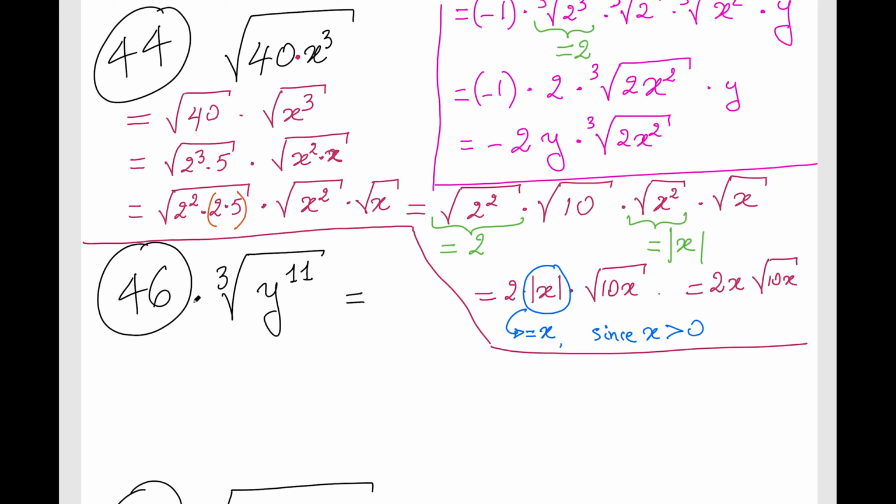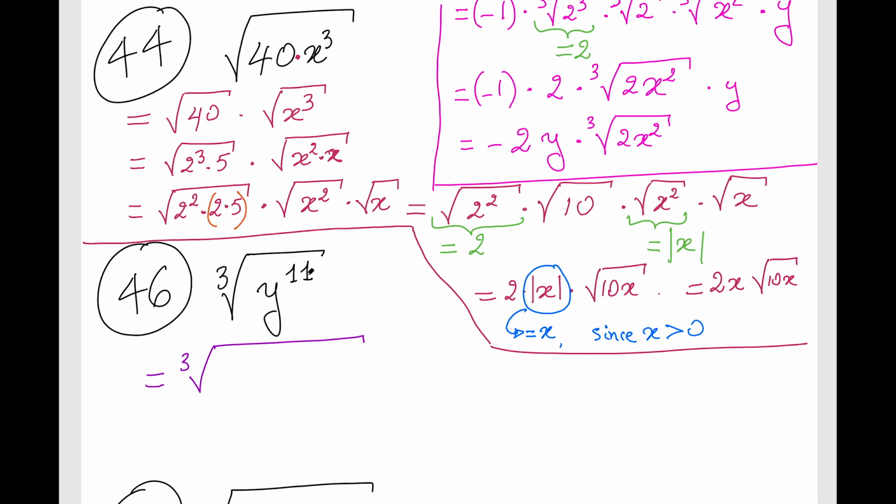All right, this one. 46. The third root of y to power 11. Well, this is the same as the third root of, what I'm going to do is I'm going to go to the largest multiple of 3 in the exponent.